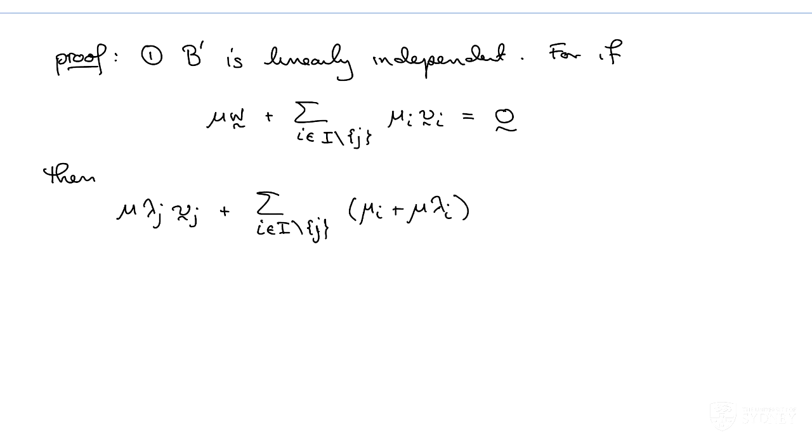All I've done there is replace w by its linear combination over there on the left screen.